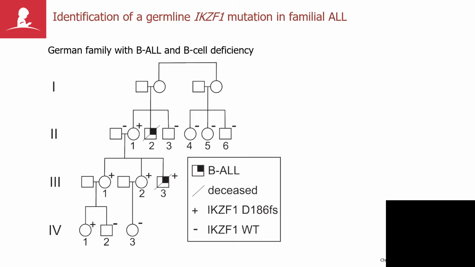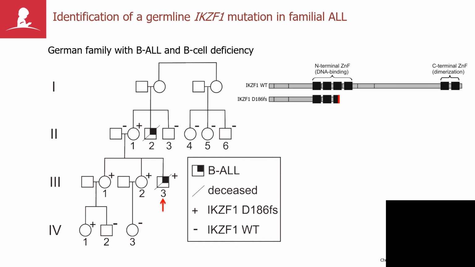This story has now become even more interesting because we now recognize a syndrome of germline predisposition to leukemia defined by germline Ikaros alterations. So this story began with a family that was identified with a child found to have a truncating mutation in the germline of Ikaros in the DNA binding domain, as shown here.